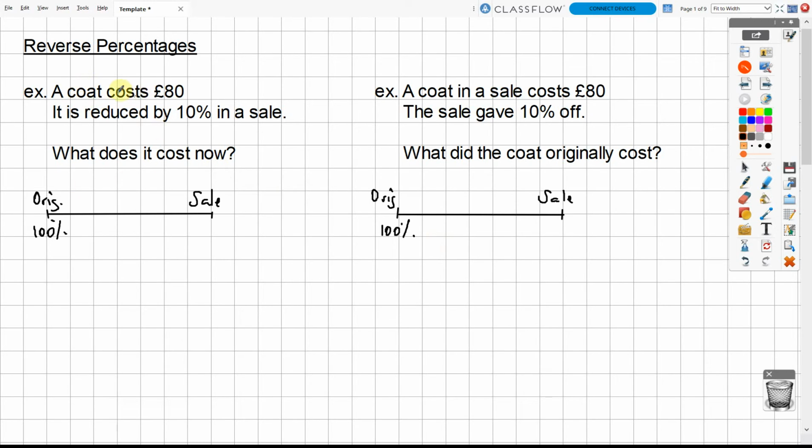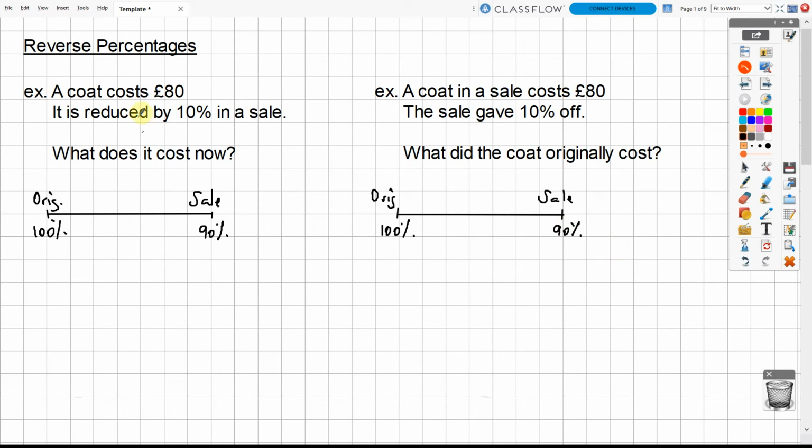Now, in this scenario, the coat has been reduced by 10% in the sale. It's now at 90%. Here, again, the sale gave 10% off. 90%. It all seems identical so far.